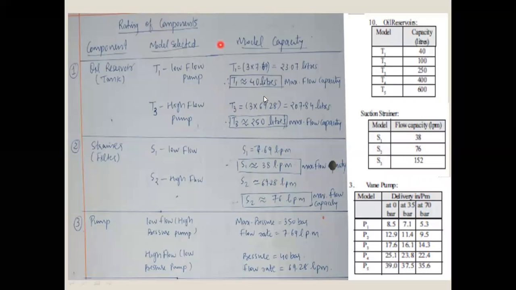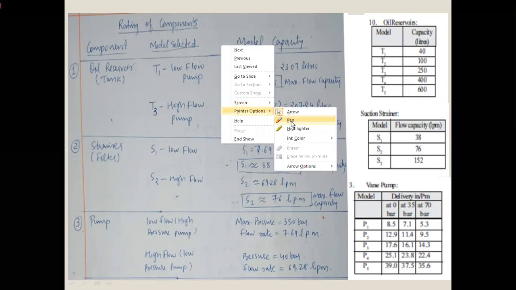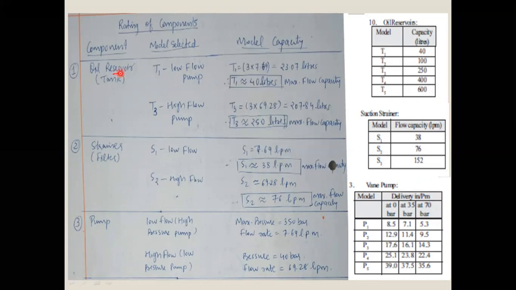So the first selection I will do is for the oil reservoir, starting with the low flow pump. The low flow pump flow rate is 7.69. Normally the capacity of the reservoir is 3 times the flow rate. So 3 multiplied by 7.69 is 23.07 liters.